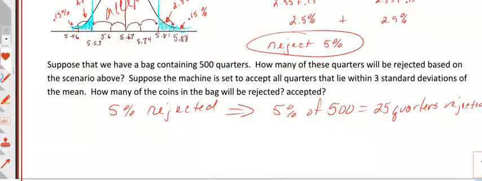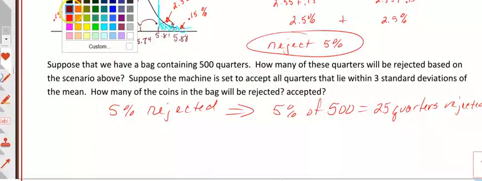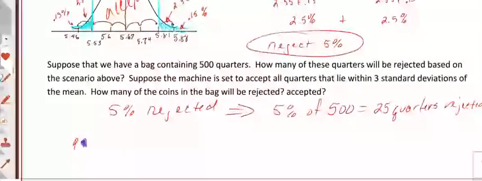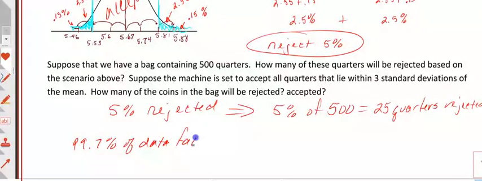Well, if I'm looking at 3 standard deviations of the mean, if we go back to the 68, 95, 99.7, I know that 99.7% of the data falls within 3 standard deviations of the mean.